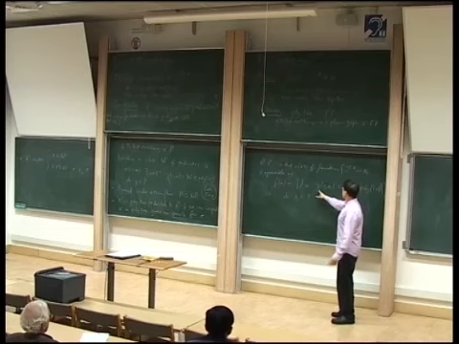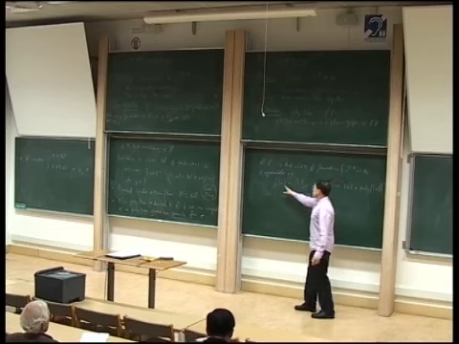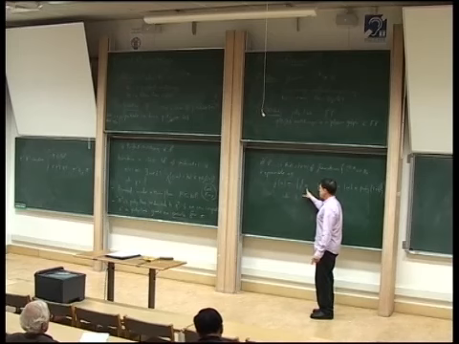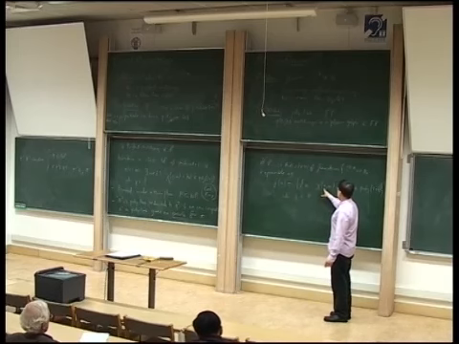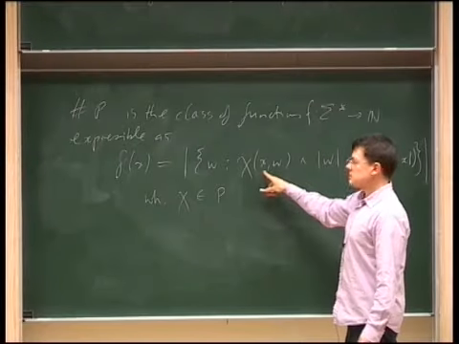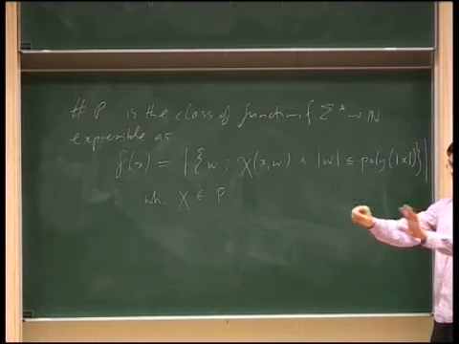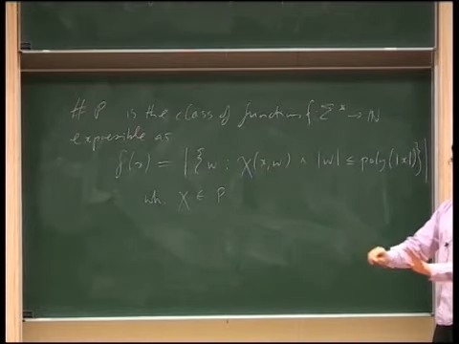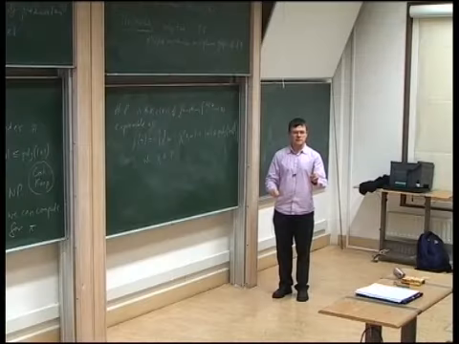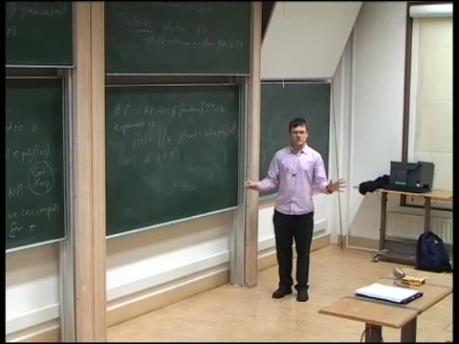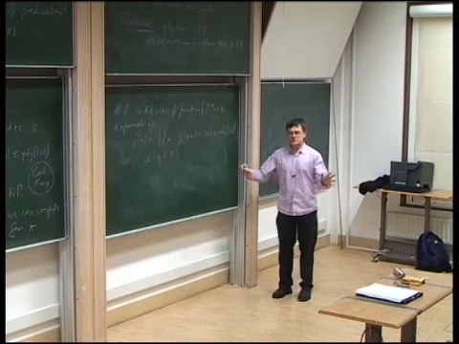The witness checker: X is a graph, W is a subgraph, and the checker checks whether the subgraph is Hamiltonian. That is very unlikely to be a polynomial time problem, because even knowing whether there's one Hamilton cycle is hard. So counting them is likely to be even harder.